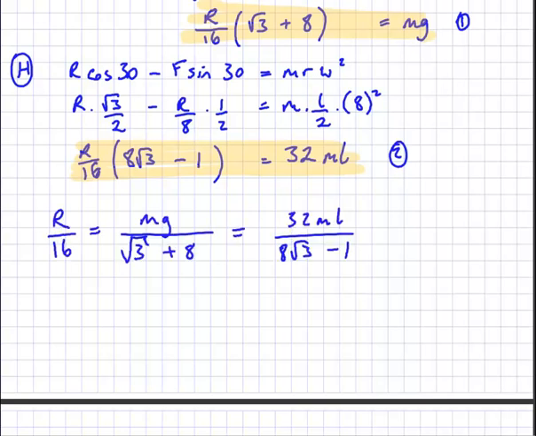So mg over root 3 plus 8 is one expression for R over 16. The other expression, from the second equation, is 32 mL divided by 8 root 3 minus 1. And we can equate those to each other.